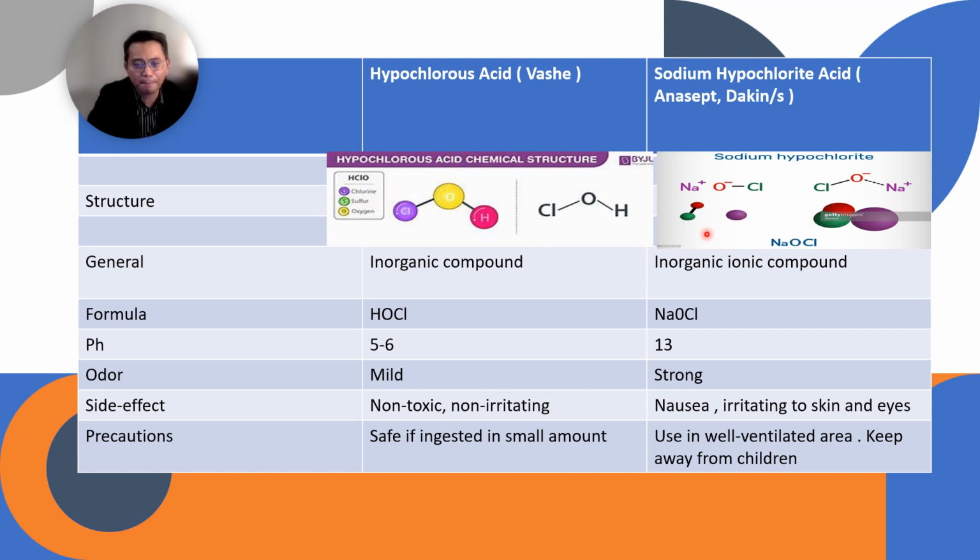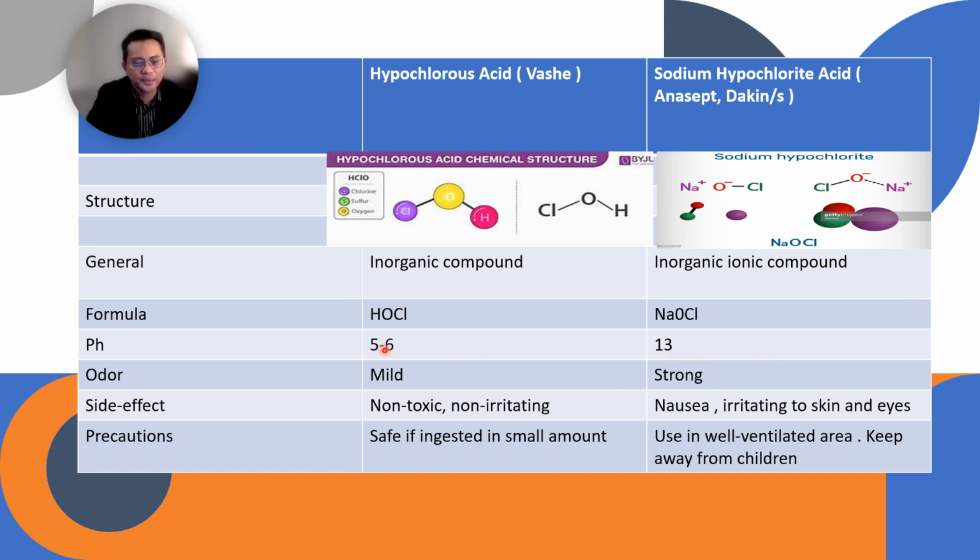Both are inorganic compounds, and this is the chemical formula for both: hypochlorous acid and sodium hypochlorite. What I want you to remember is the pH. Always remember that for hypochlorous acid, or the VASH solution, the pH is between 5 and 6, and for sodium hypochlorite, it's a lot higher, on the alkaline side, between 10 and 13.